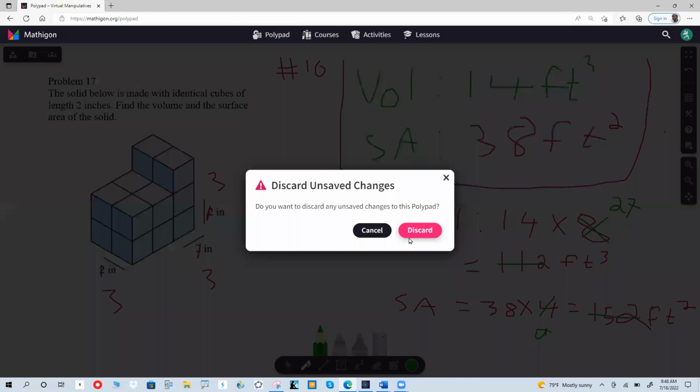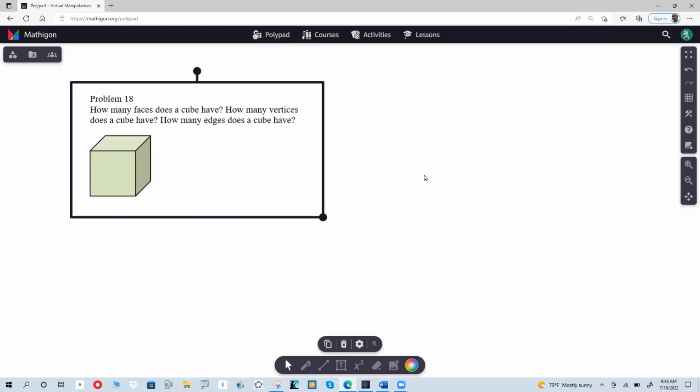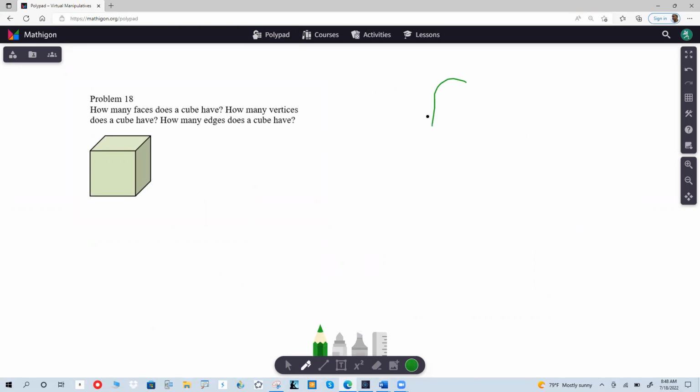No big deal. All right, how many faces does a cube have? Well, that's very easy. 6 faces. How many vertices? We have discussed that many times. 8. 4 on the ceiling, 1, 2, 3, 4. 4 on the floor, 1, 2, 3, 4.